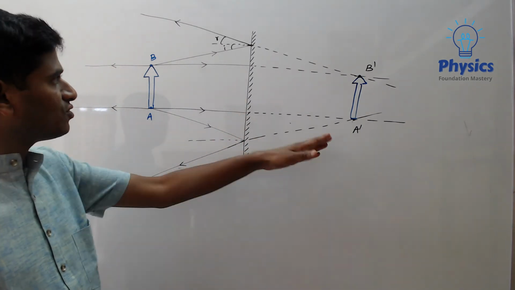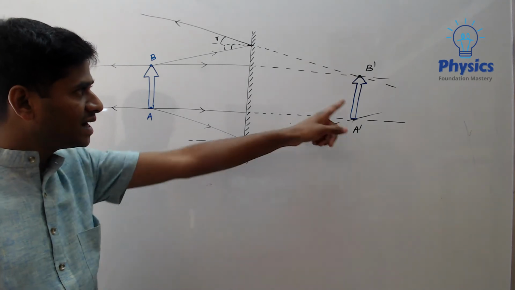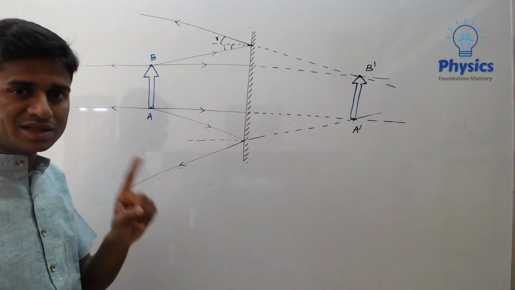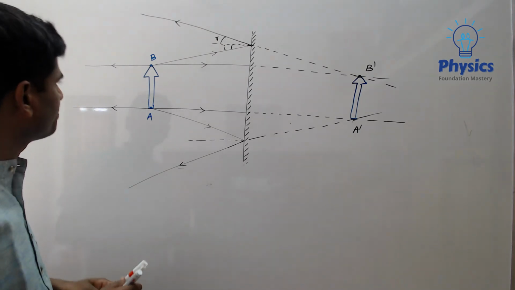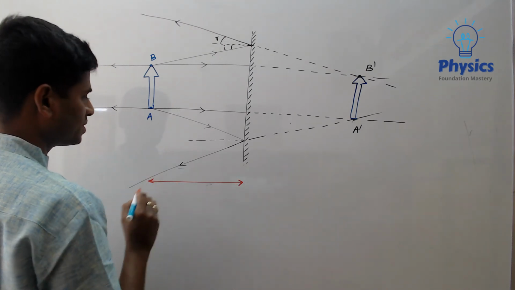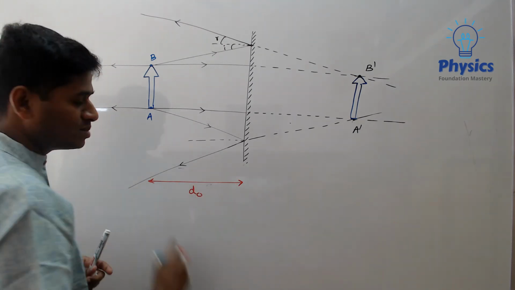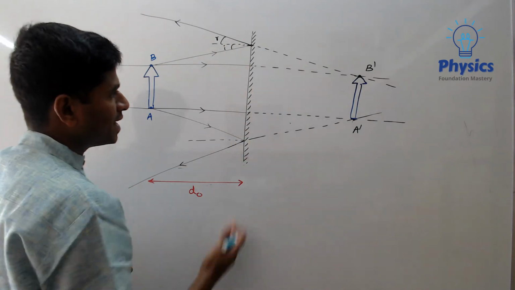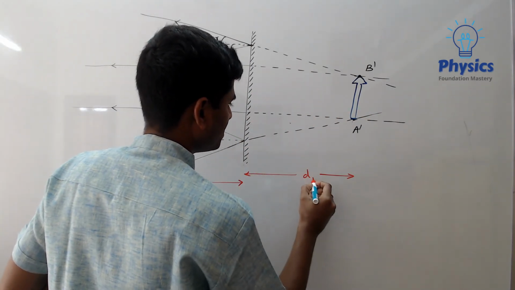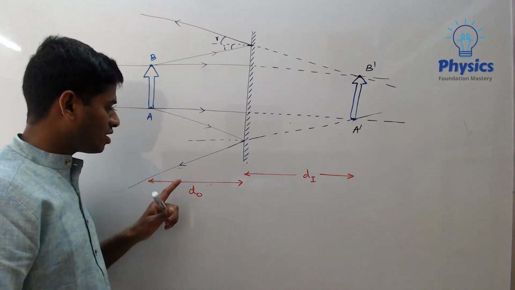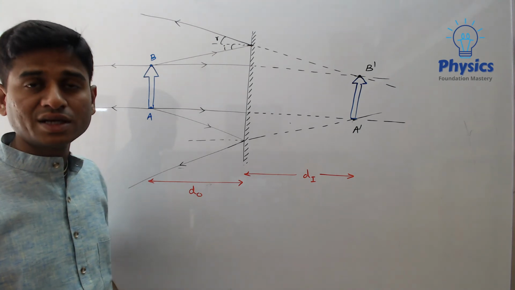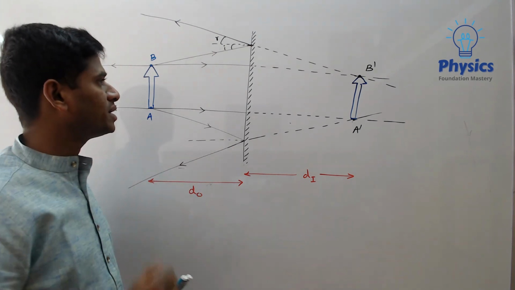So the image formed by a plane mirror will have the same size as that of the object. That is one property. The second property is this distance, the object to the plane mirror, this is called the object distance, and the plane mirror to the image is basically the image distance, and object distance happens to be always equal to image distance in the case of a plane mirror.